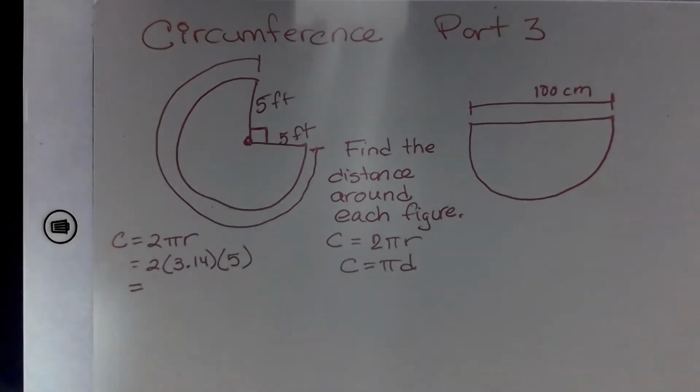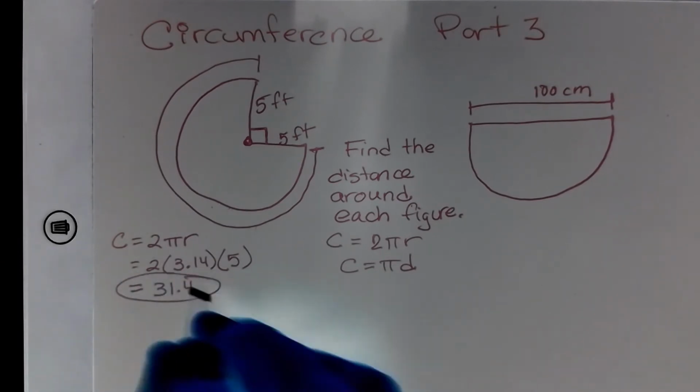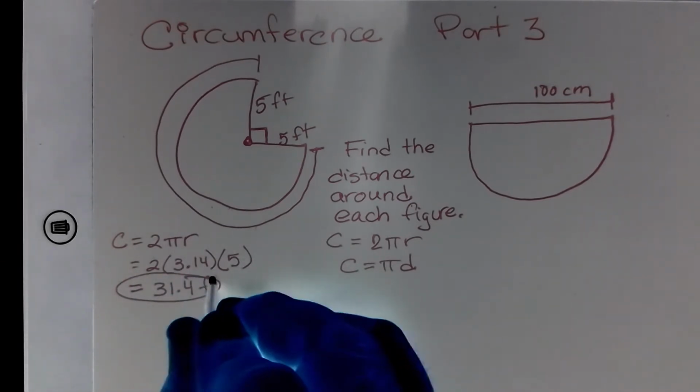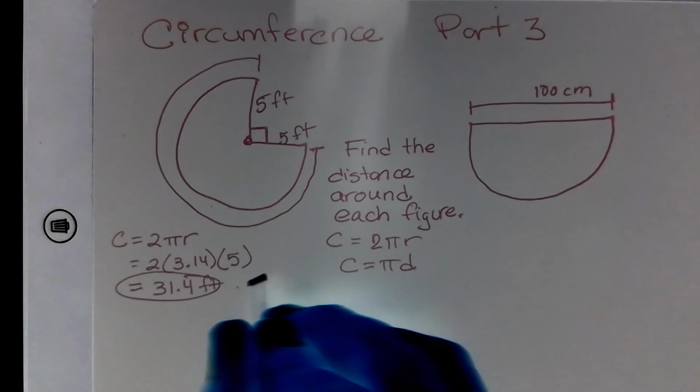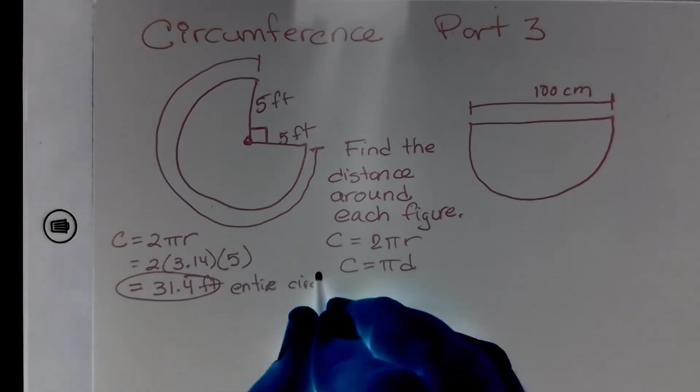Well, when we multiply this here, what do we get? 31.4. Keep in mind, 31.4 feet represents the what? The entire circle. So it's 31.4.